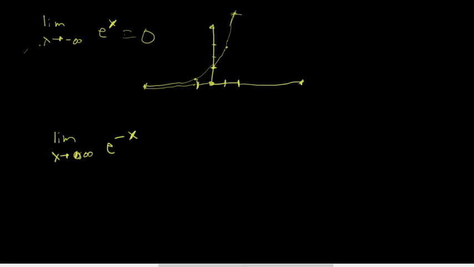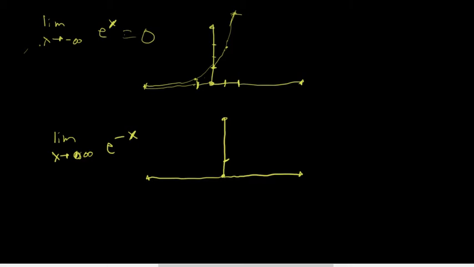Now you remember e to the negative x is 1 over e to the x. So just looking at the graph above, how do you think it'll look? Well, basically we're going to take every y value and take the reciprocal.